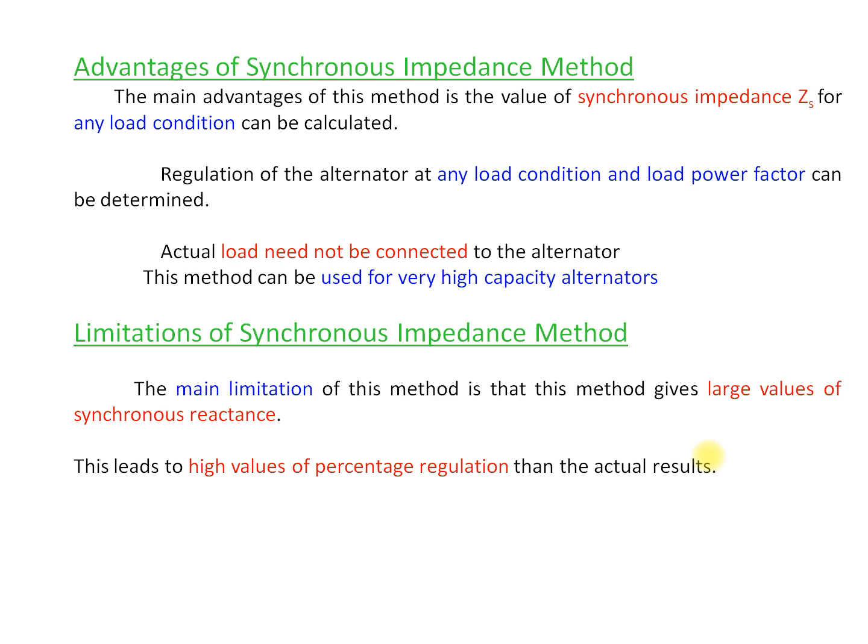One is armature resistance, another one is armature leakage reactance, and another one is the armature reaction. So in this particular method, we will only be seeing the armature resistance and the armature leakage reactance. We are not taking care of the armature reaction over here, so that our value will be somewhat higher, and it is also not a practical one. So this method can be said to be a pessimistic method.